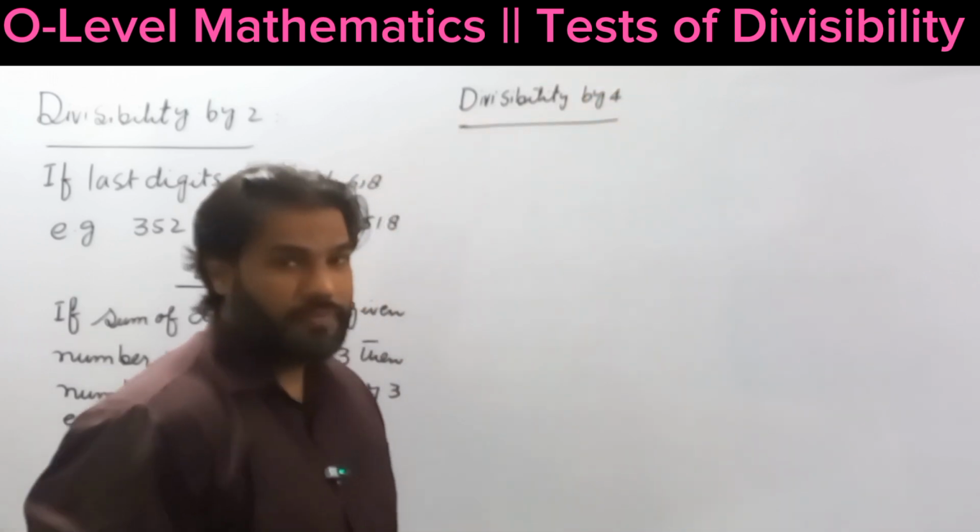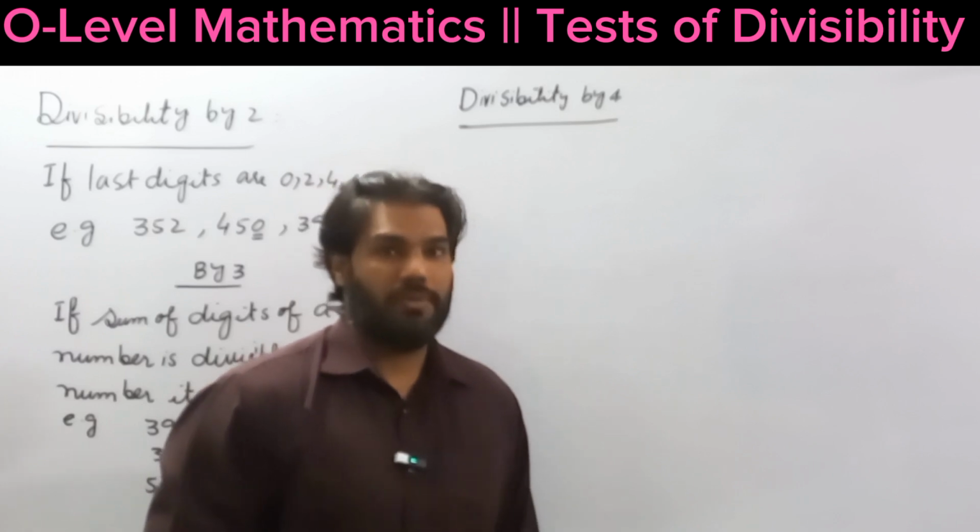A number is called divisible by 4 if its last two digits are divisible by 4.